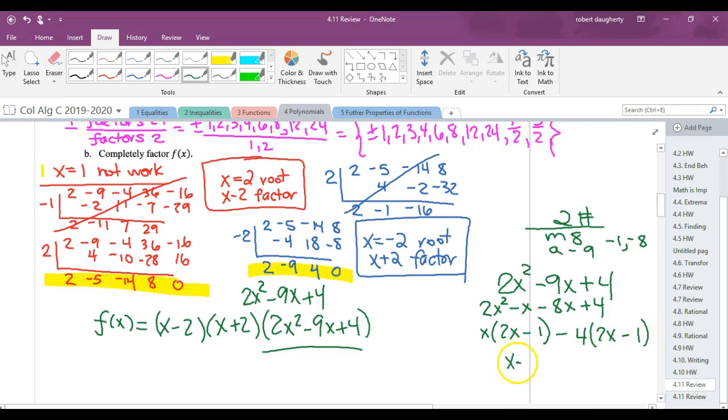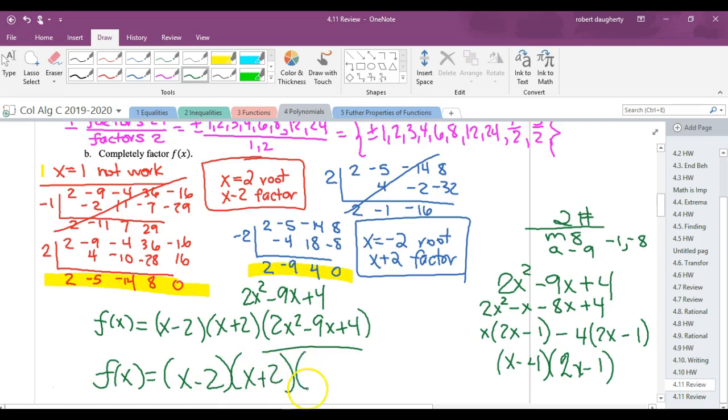So this is x minus 4, 2x minus 1. So this final factorization is f of x equal x minus 2, x plus 2, x minus 4, 2x minus 1.